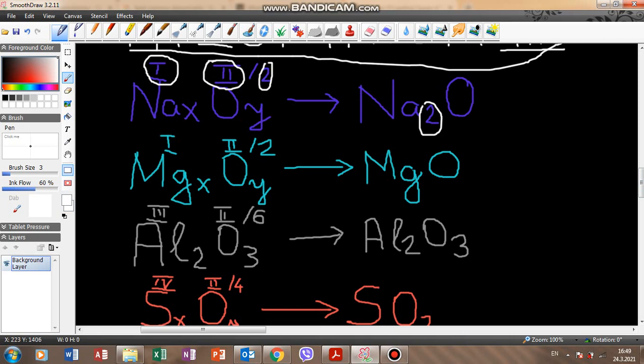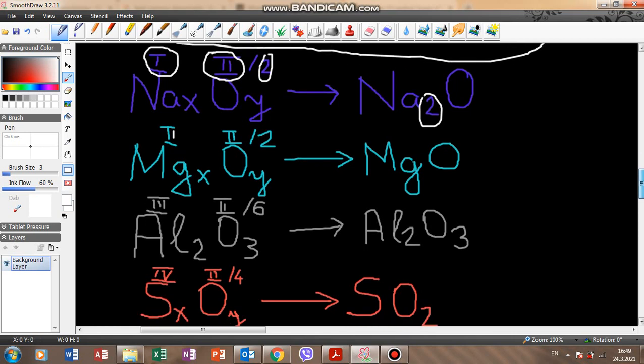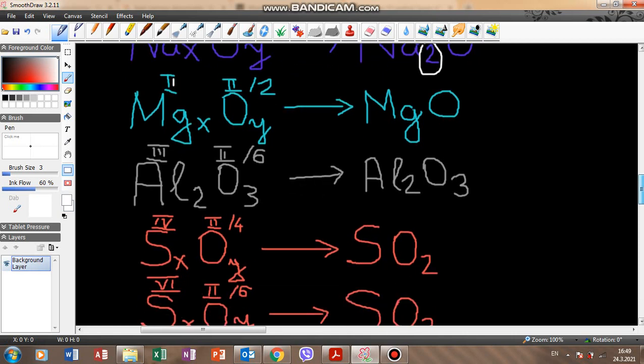The same applies with the formula of magnesium oxide here. Magnesium's valency number is 2, oxygen's valency number is 2, which means magnesium oxide has the formula MgO.